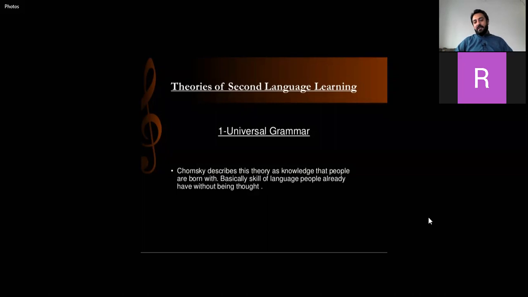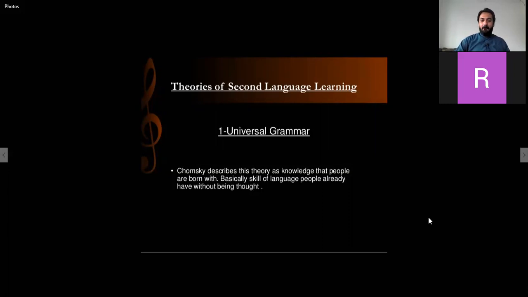He calls it universal grammar. We have already studied and discussed it in the morphology. He has also given different rules in the universal grammar. Chomsky described this theory as knowledge that people are born with. He has his own concept.